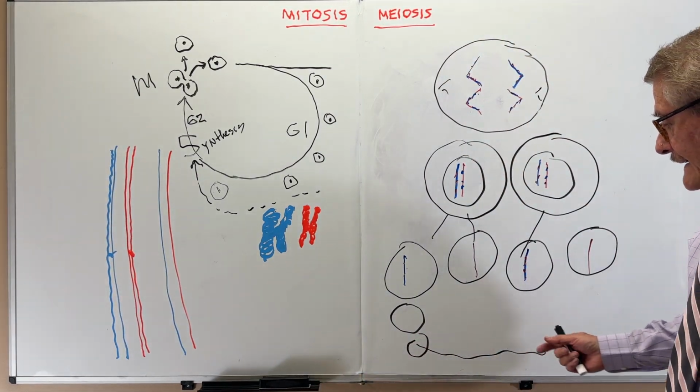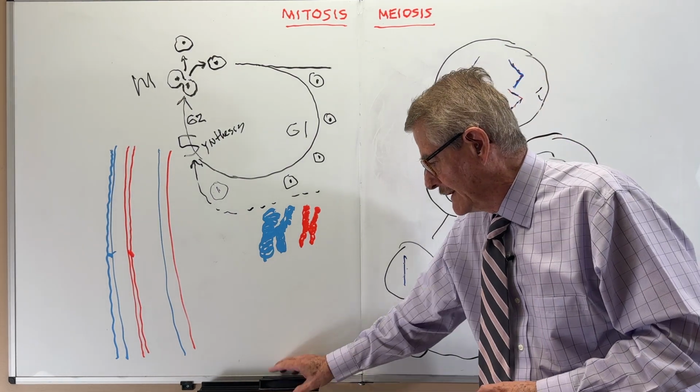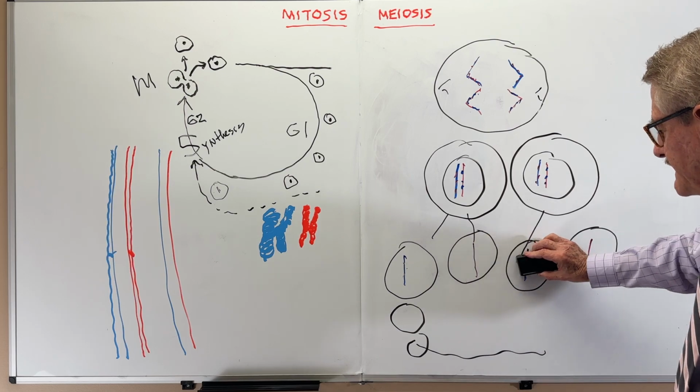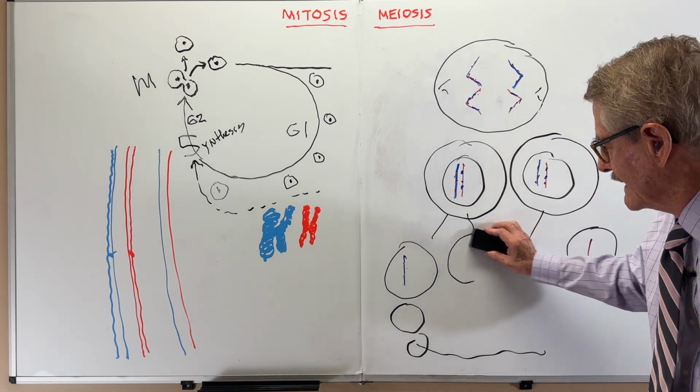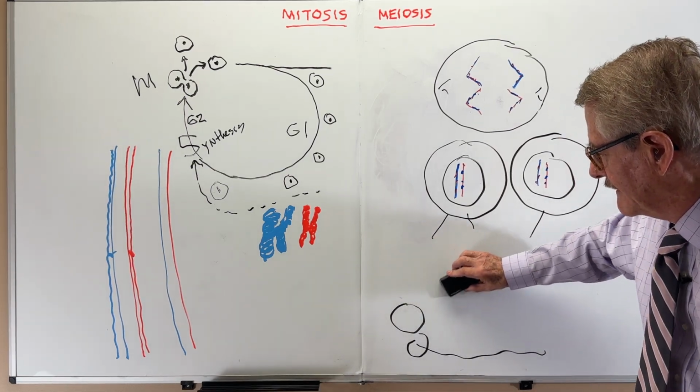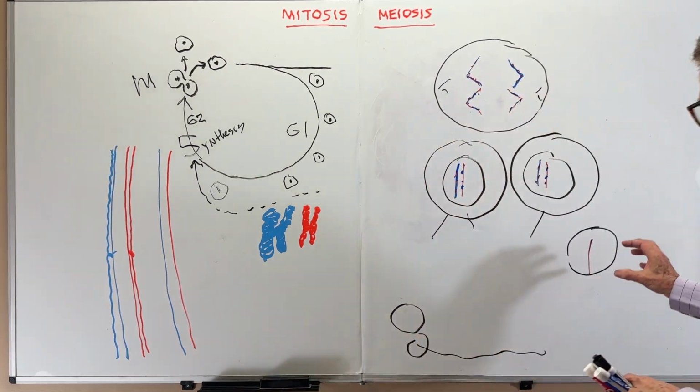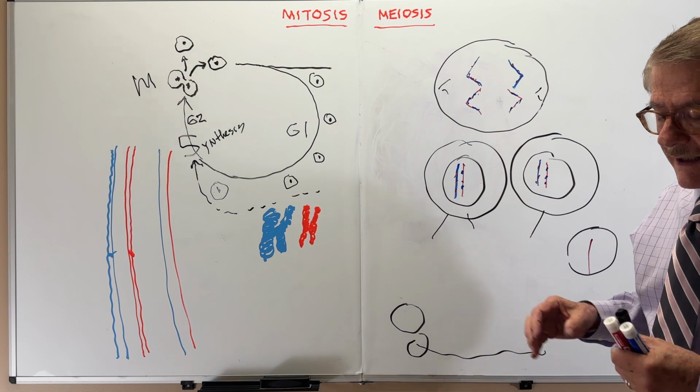And in the case of the female, three of these usually die or just degenerate, and only one of them remains.